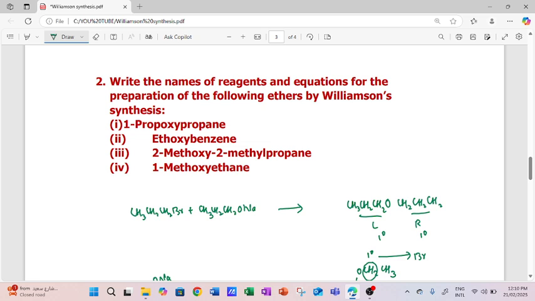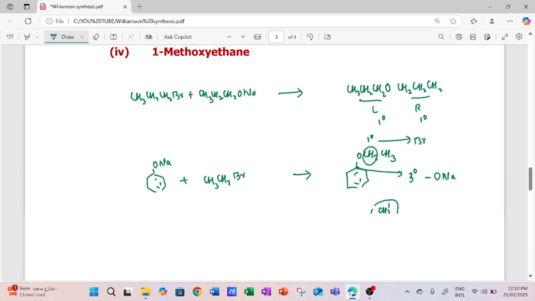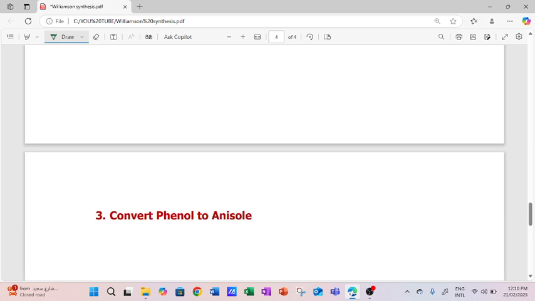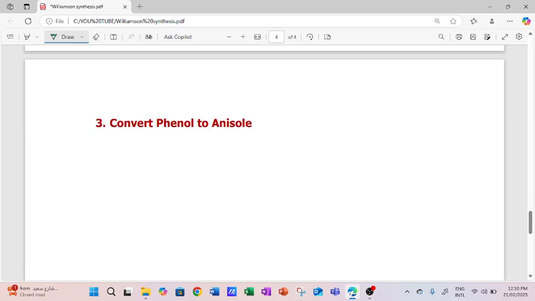So when you write the reactants, make sure that you do not choose a secondary or tertiary alkyl halide. Or it can be asked even as a conversion, for example phenol to anisole. So let's draw the structure first. Phenol is benzene with OH. Anisole we know is benzene with OCH3.